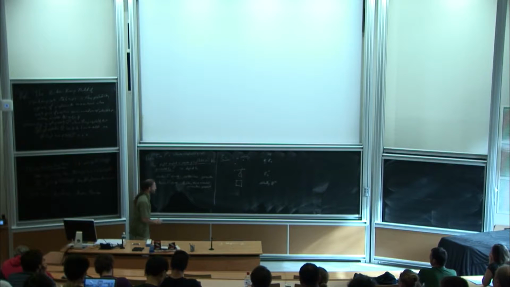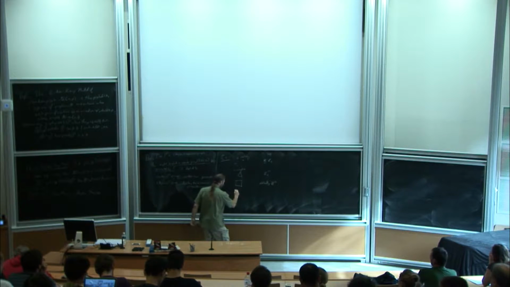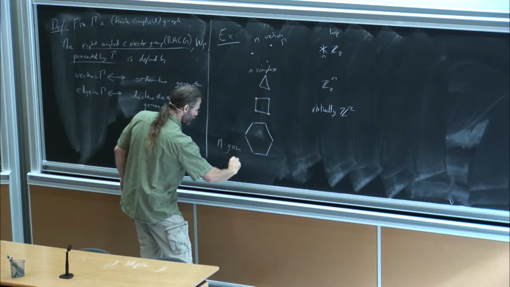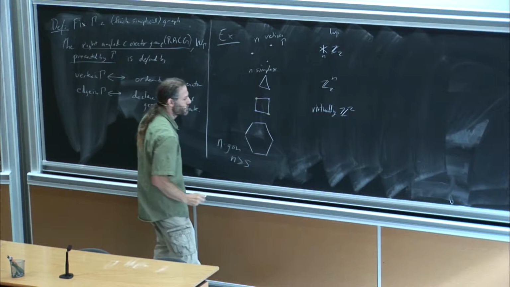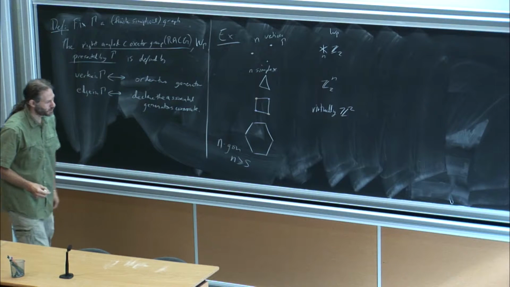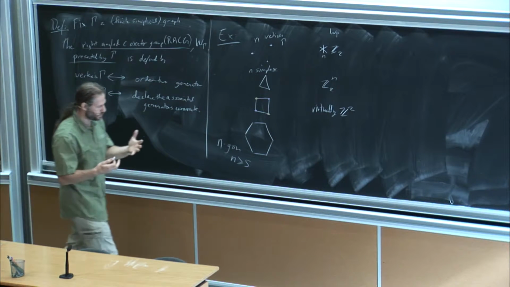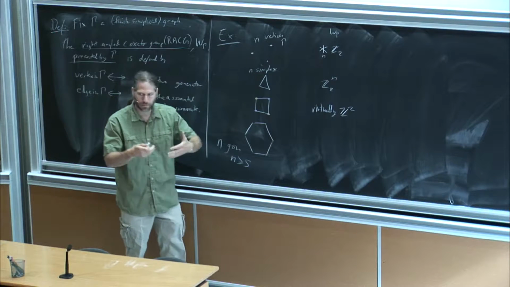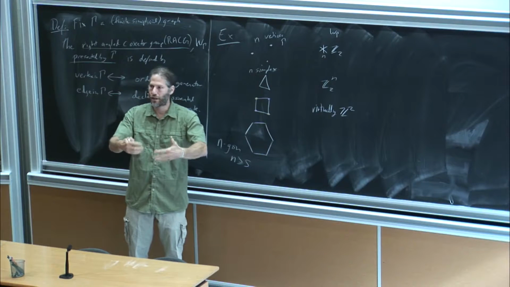And just one more example to show some of the variety is that if I take an n-gon for n greater than or equal to 5, well, then the group I get there, it turns out you can realize this in the hyperbolic plane by taking a right-angled n-gon.